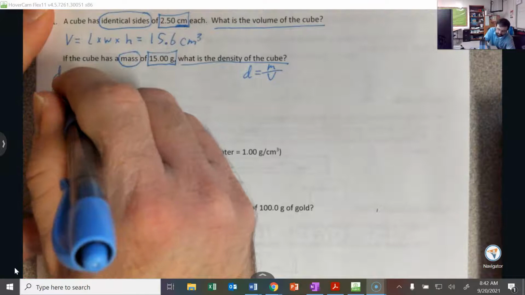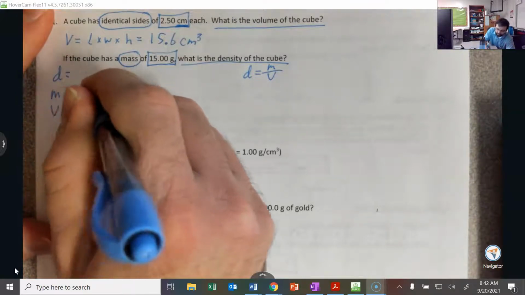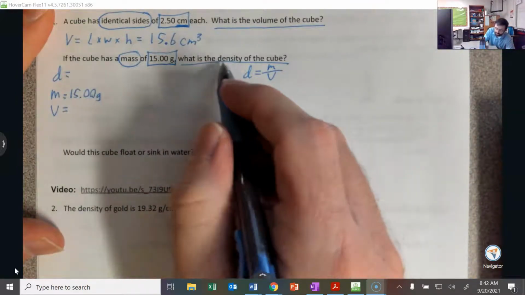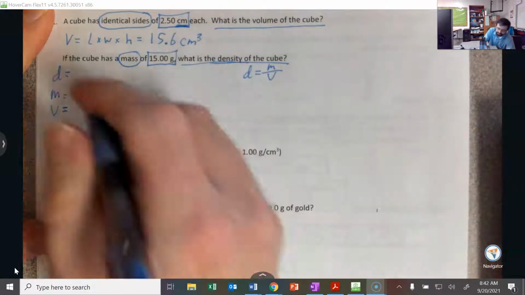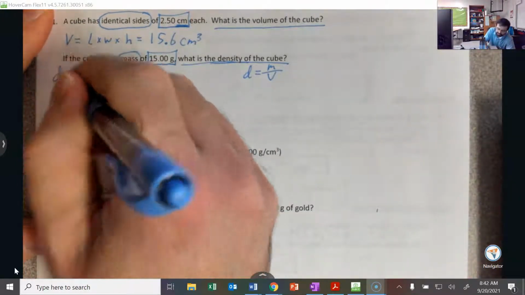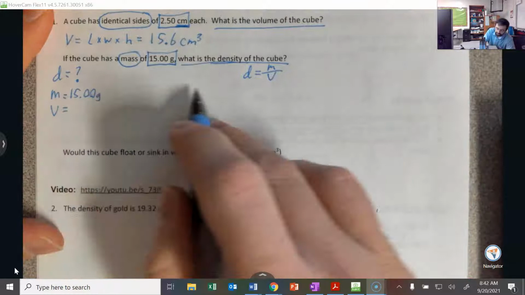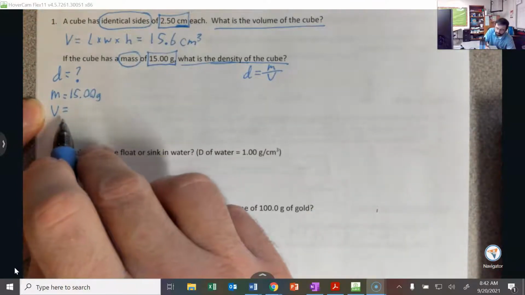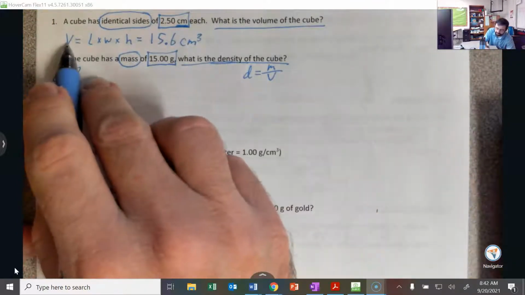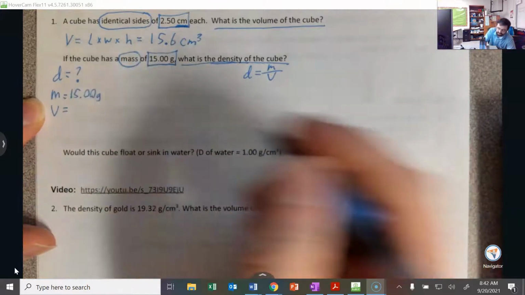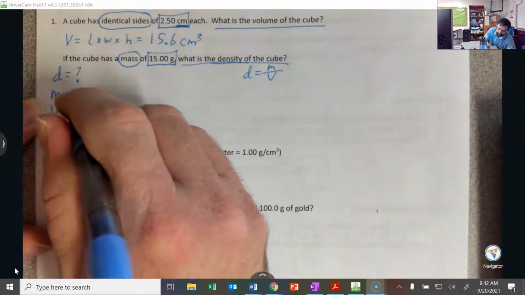So I'm going to put that right here, 15.00 grams. I'm looking for the density. It's the thing I don't know. And my volume, we found it up here. You see volume equals 15.6 centimeters cubed.